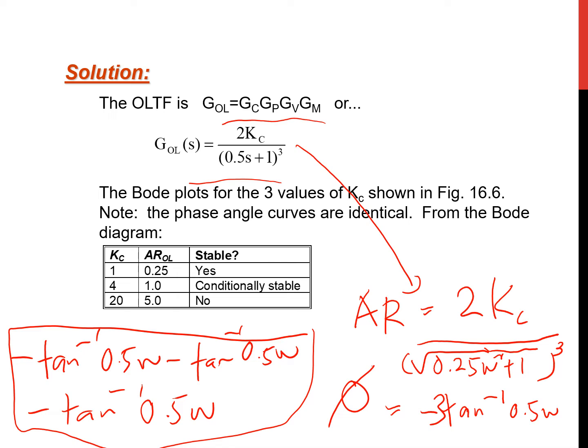Because you have the same tau, this is equivalent to negative 3 multiplied with the inverse tangent 0.5ω.